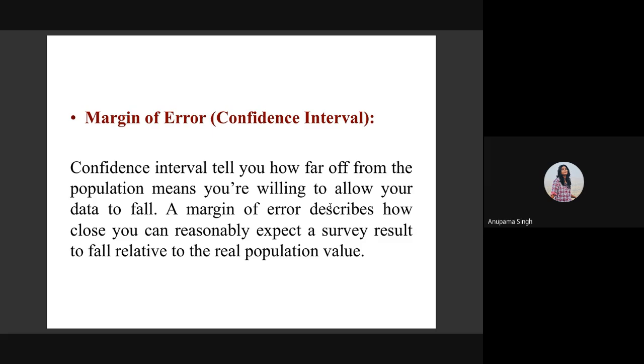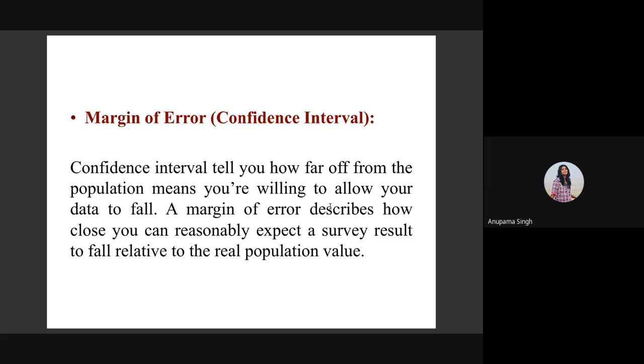So confidence interval tells you the difference between the population parameter and the sample parameter, how much it is. Okay, the lesser it is, the better. So the confidence interval might be big, right? It is mostly plus minus the mean value.